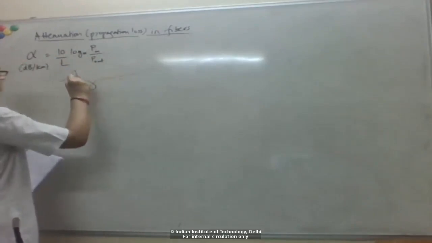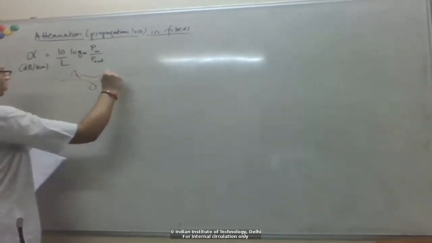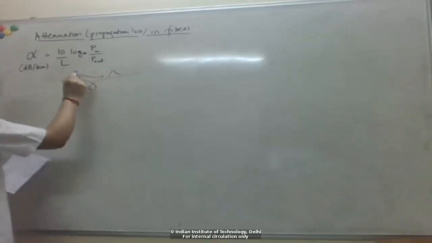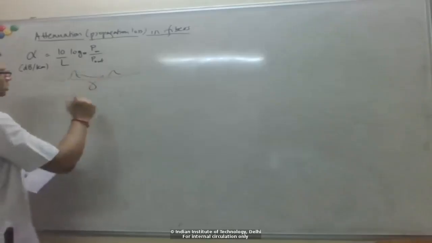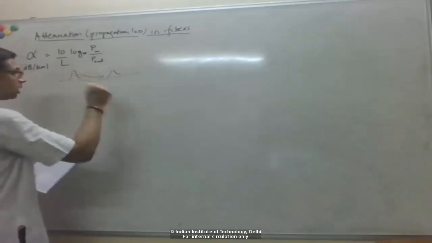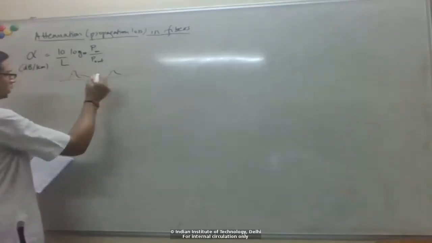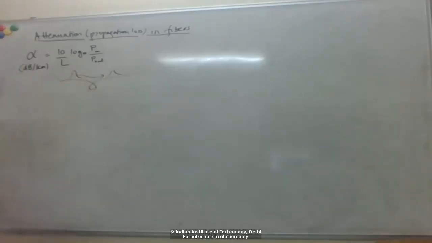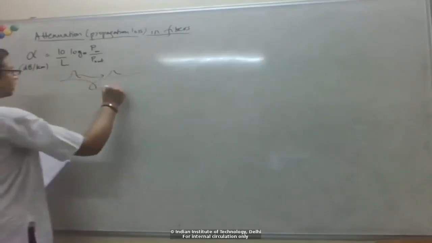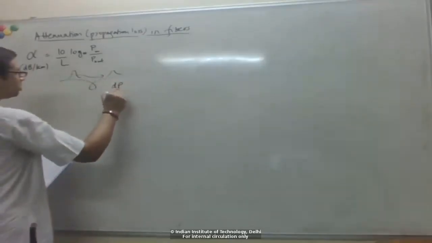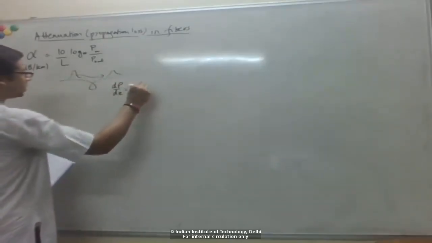If you have a signal and it's propagating, usually the amplitude of this signal goes down, right, due to losses, which could be absorption or scattering or whatever, right? And typically the power goes down in a medium like this.